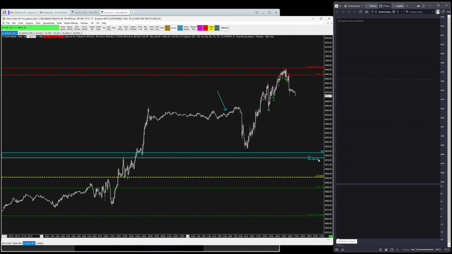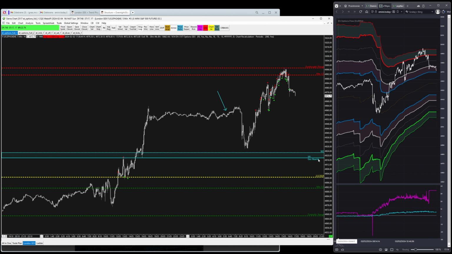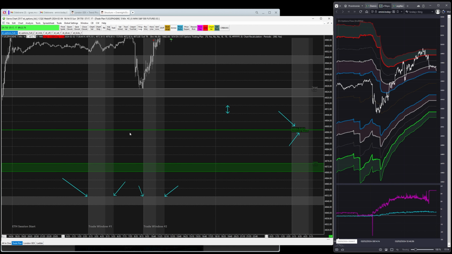Then you have probably about 30% fewer trades with the trade plan study, but the reliability is, I don't know, maybe 10 to 15% better, something like that.